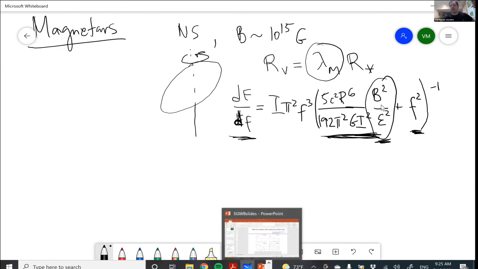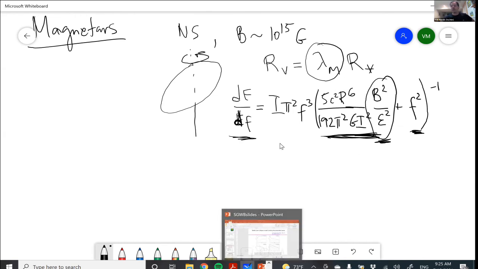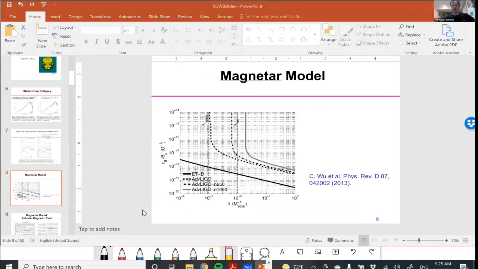You can scan the values of B, epsilon, and lambda, and calculate the omega GW for each of those values and compare them with the sensitivities of detectors. So here's an example of that.